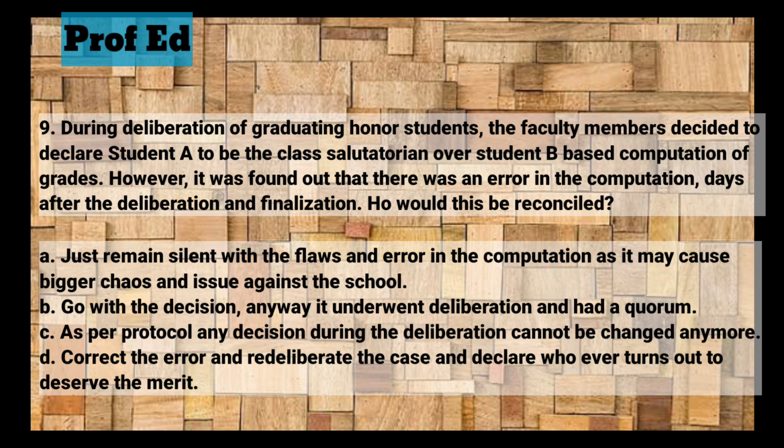A. Just remain silent about the flaws and error in the computation as it may cause bigger chaos and issues against the school. B. Go with the decision, anyway it underwent deliberation and had a quorum. C. As per protocol, any decision during the deliberation cannot be changed anymore. D. Correct the error and re-deliberate the case and declare whoever turns out to deserve the merit.